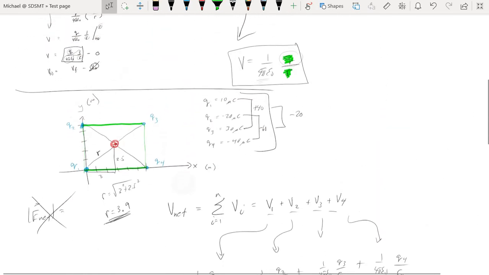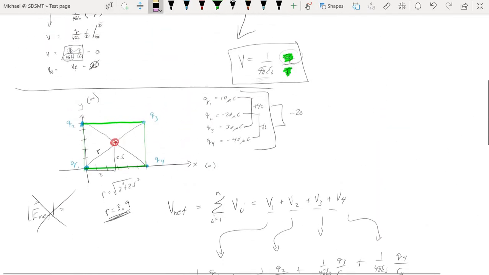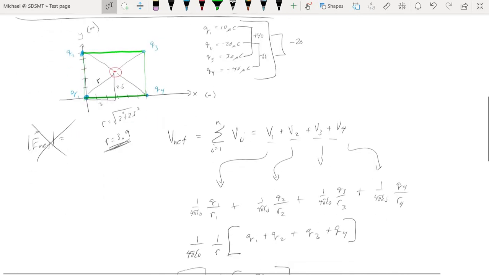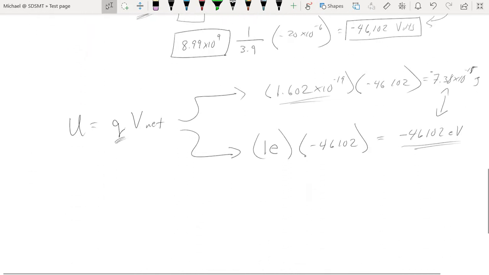Well, let's go back. Let's take our proton and we'll replace it with an electron. So what is the potential energy of the system now? Well, an electron has a negative 1.602 times 10 to the minus 19 for charge.